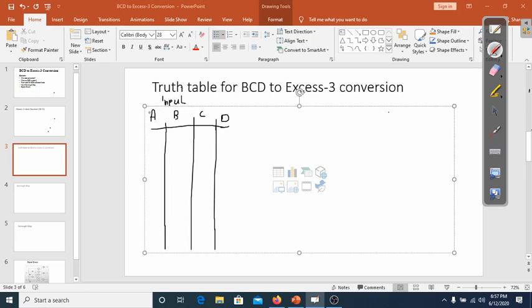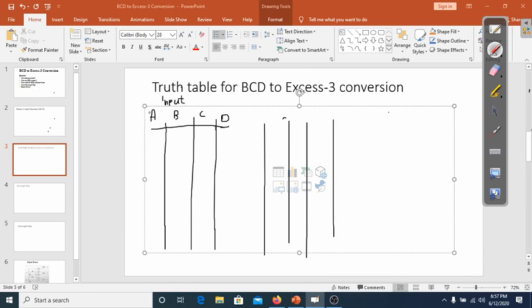So here is the output. I have again a 4-bit BCD to Excess-3 converter.